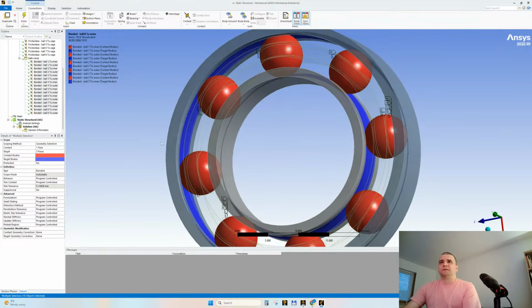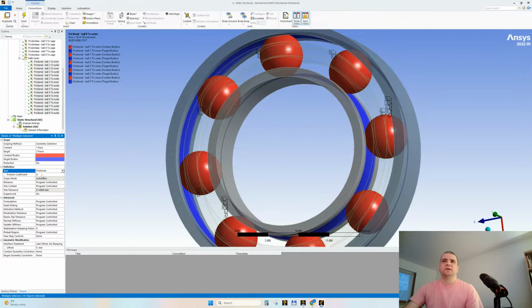And because we cannot afford to have such big frictional values, let's try at this moment to run with maybe 0.05 friction coefficients between each ball and the contact pairs between the ball and the outer race, the ball and the inner race.